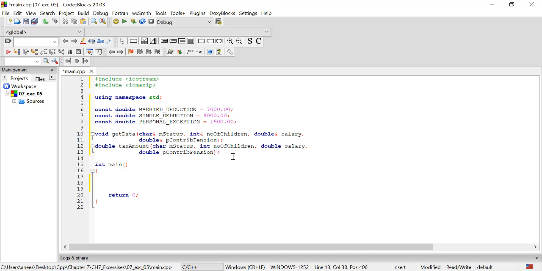And then we write in a semicolon at the end. It's pretty simple. We're just writing in all of the factors needed to calculate the tax for that person.